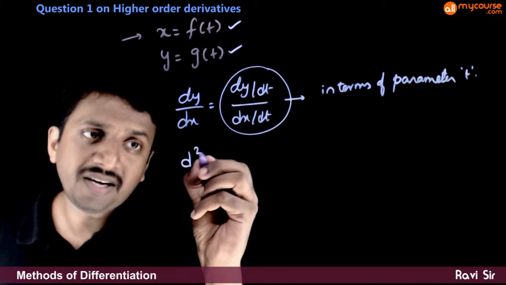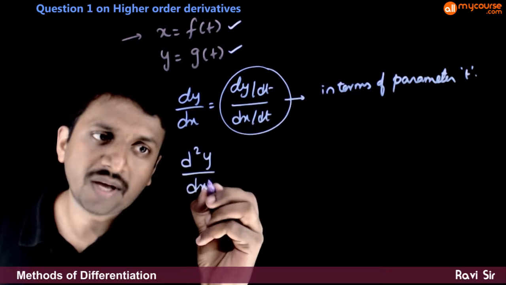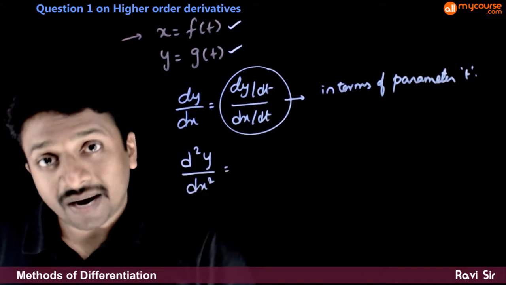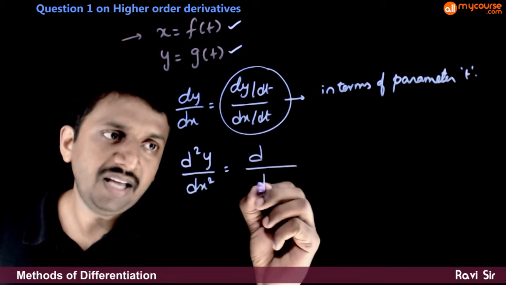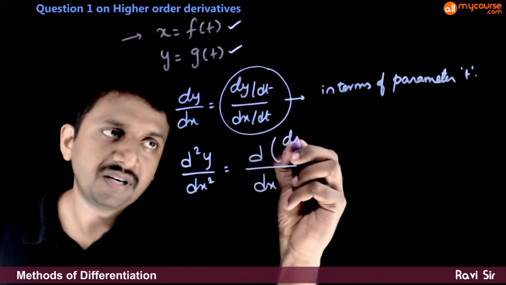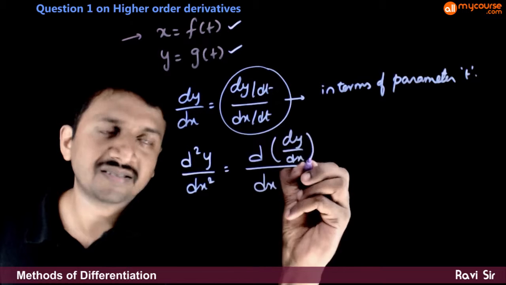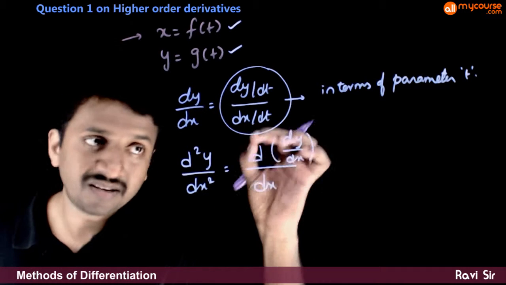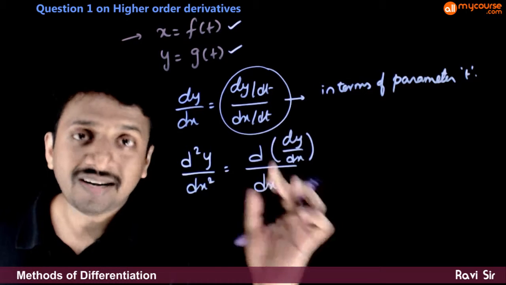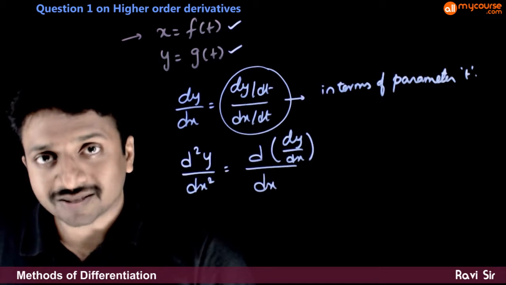Now, if you want d square y by dx square, by definition, d square y by dx square is nothing but d by dx of dy by dx. So, if dy by dx is in terms of x, you would have been able to directly differentiate it with respect to x.